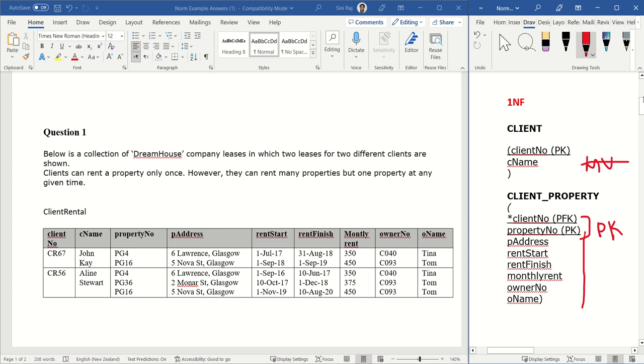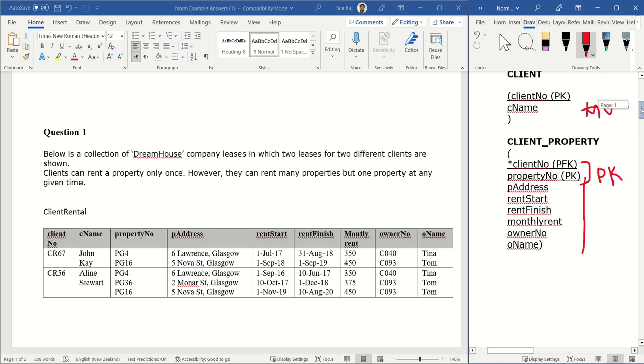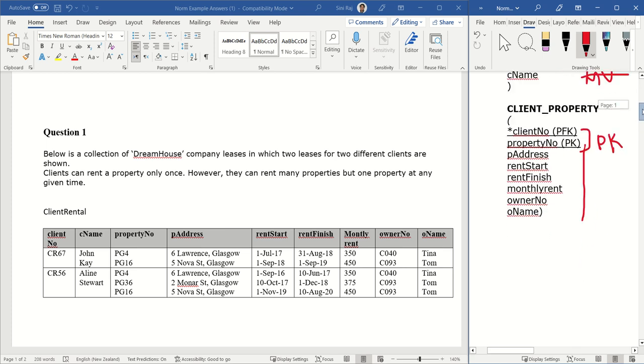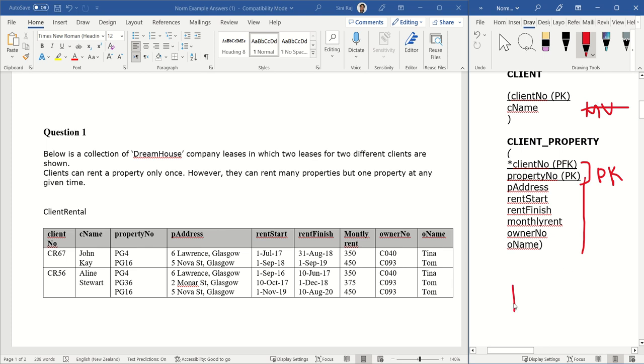Now moving over to 2NF, we need to make sure that there is no PD. PD is nothing but partial dependency, and we need to identify it. For that we need to identify all the non-key attributes. P address, rent start, rent finish, monthly rent, owner number, owner name are the non-key attributes.